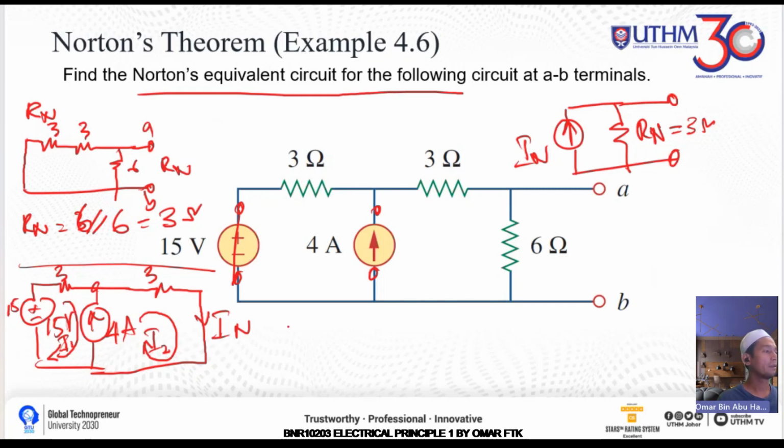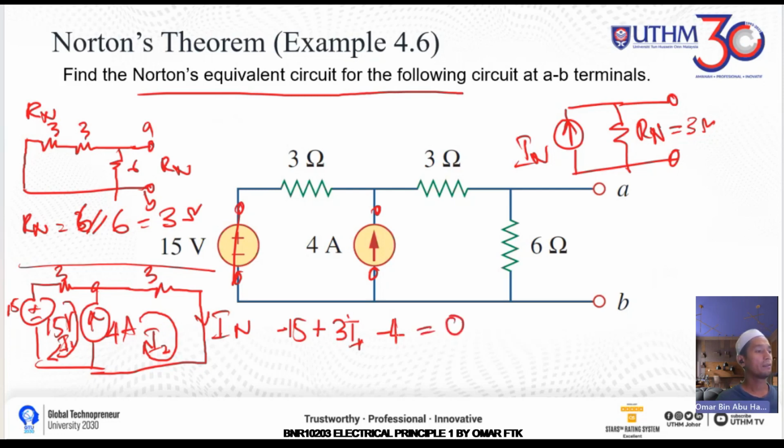So for the I1 is negative 15 plus 3I1, and then minus 4 equals 0.